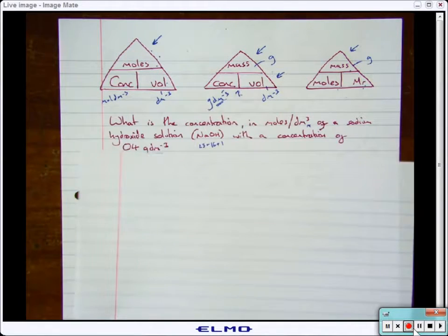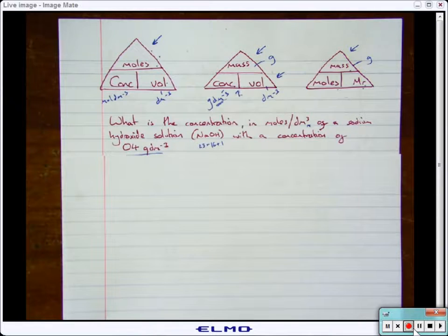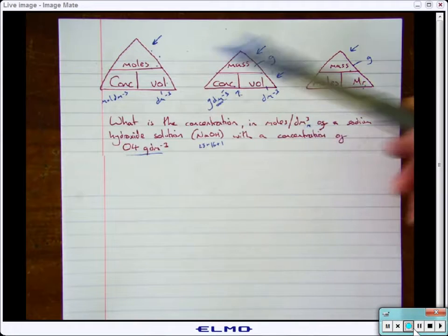So if you had a question, like what is the concentration in moles per decimeter cubed of a sodium hydroxide solution with a concentration of 0.4 grams, what you would be expected to do is work out from that equation what information you know. Now, it's asking for moles per decimeter cubed.